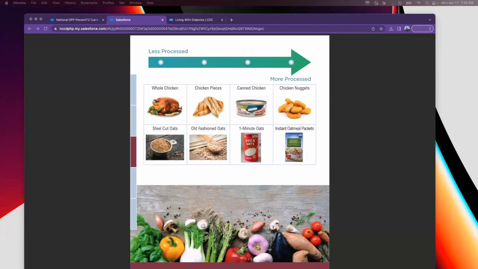But it's good to have a healthy balance, especially since if you want to prevent type 2 diabetes, you need to focus on that and try to reduce as much processed food as possible.